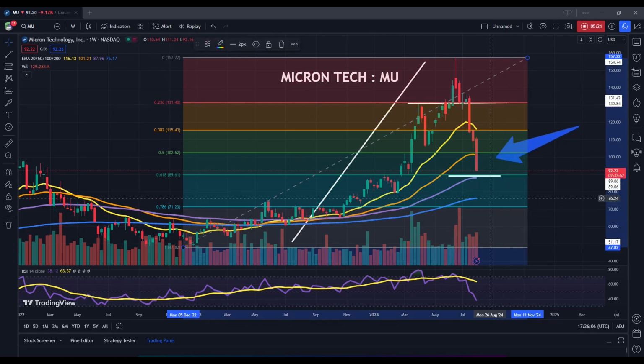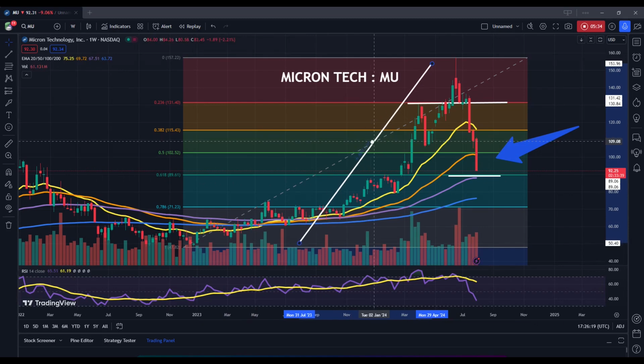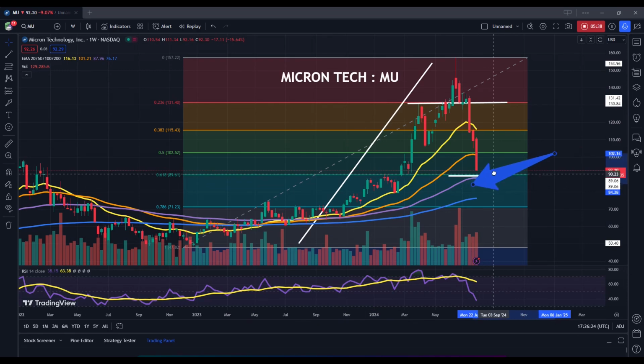So, the reason that I point to this 89.60 level as critically important, I really want to underline that, is due to the fact that this is the zone that marks the 61.8% Fibonacci retracement of this dominant trending move here. In addition to that, you also have this rising purple line, which is the 100-week exponential moving average.